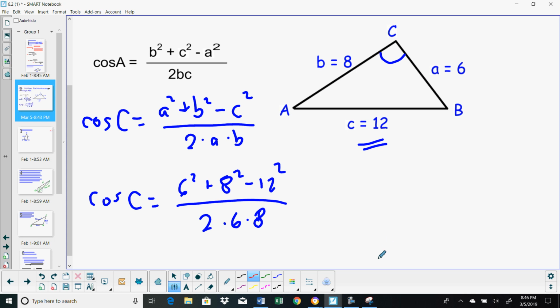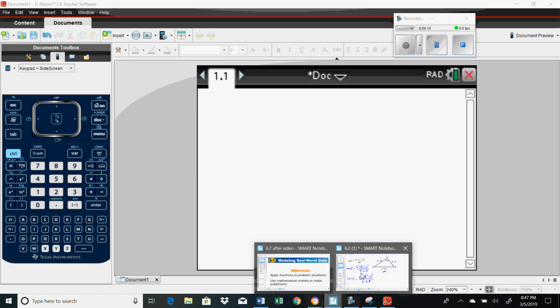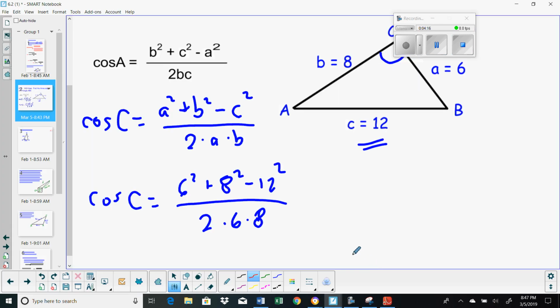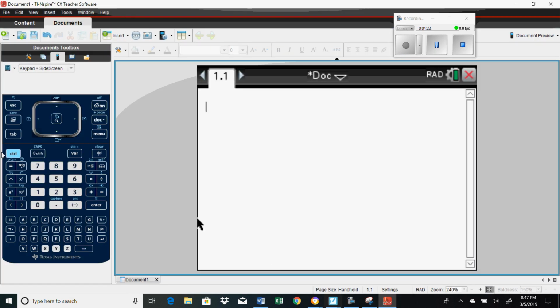So let's grab our calculator and plug that in. We are going to plug in 6 squared plus 8 squared minus 12 squared. I'm going to do all this in one big fraction.